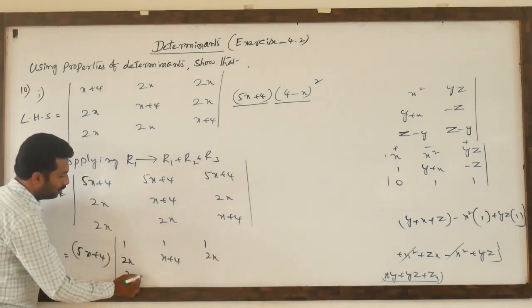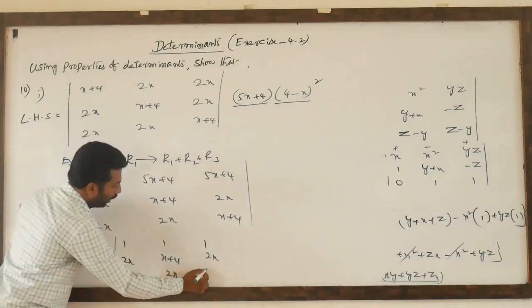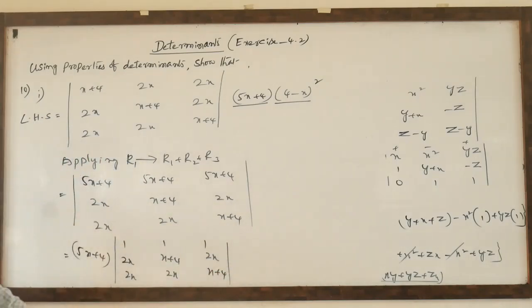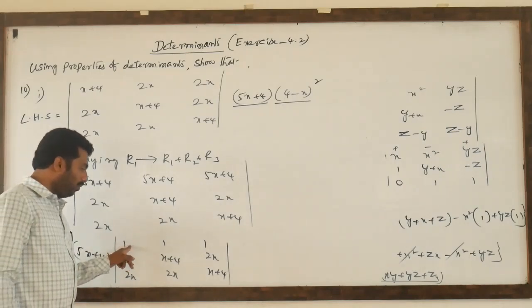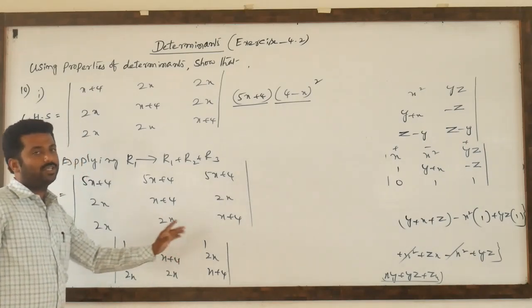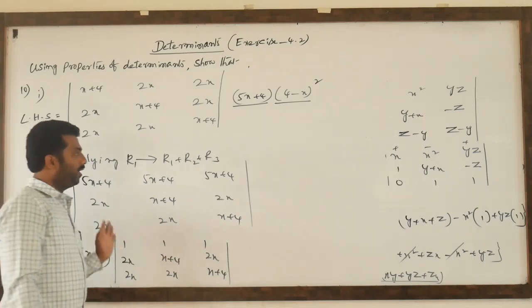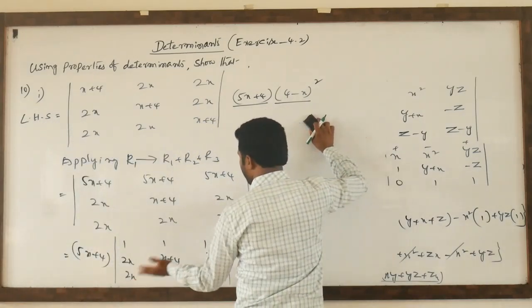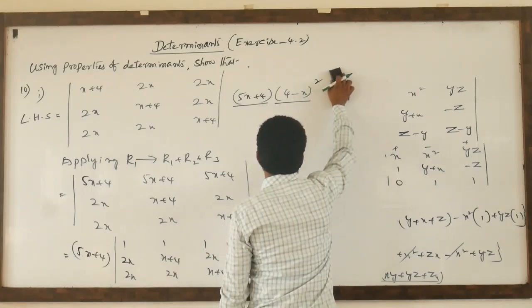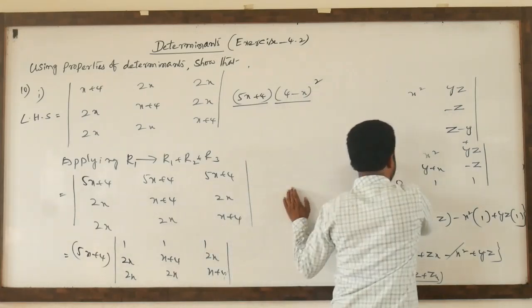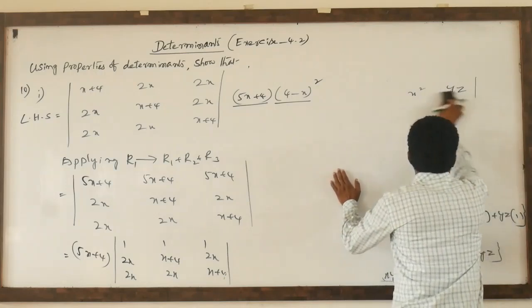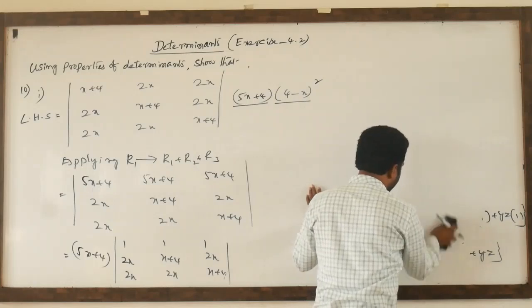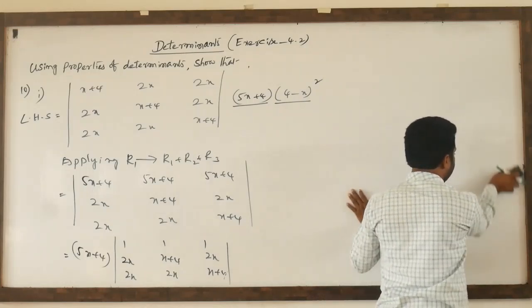This is 2x, 2x, x plus 4. I told already, all the elements of any row 1, 1, 1 appears means C2 minus C1, C3 minus C1, we have to apply that operation. Automatically answer will come. Within 2-3 steps only you may get answer if you apply proper operations.